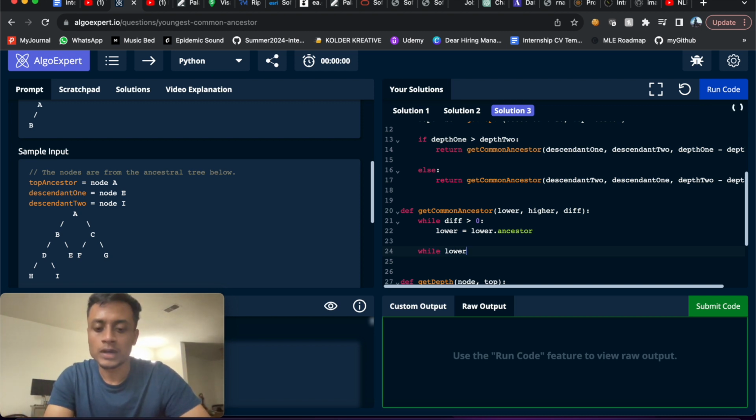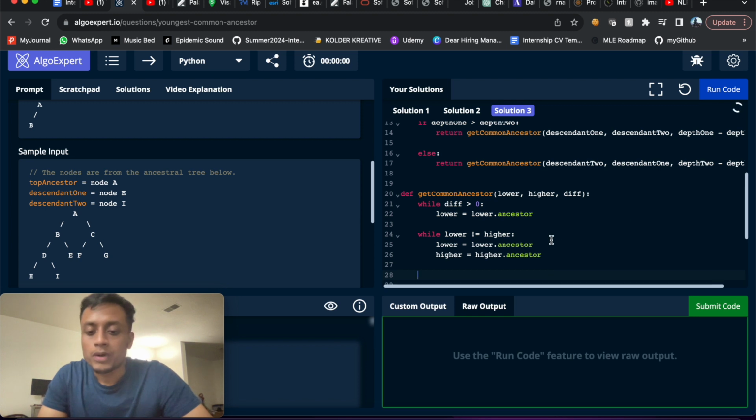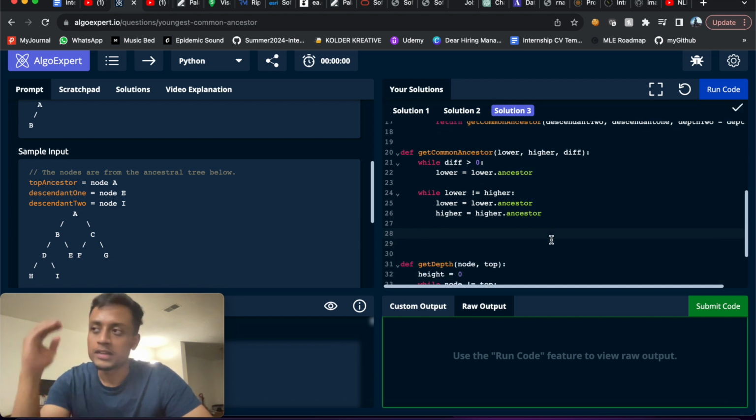So while lower is not equal to higher, I'm just gonna do lower equals lower dot ancestor, higher equals higher dot ancestor. Okay, at one point they have to become equal. If it's at the root node, then well and good. Otherwise, before also they have to become equal at some point, because they're at the same level.